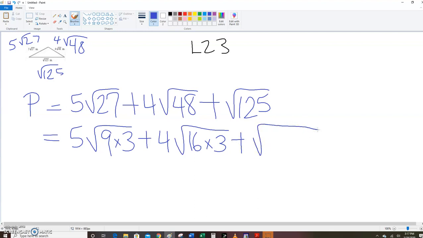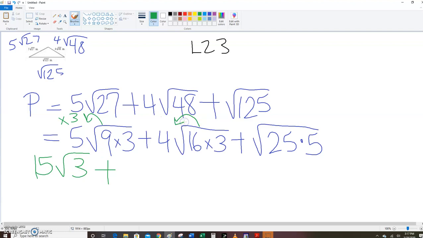And 125 can be broken down as 25 times 5. Go to each radical and take the square root. The square root of 9 is 3. Times 5 is 15 square root of 3.